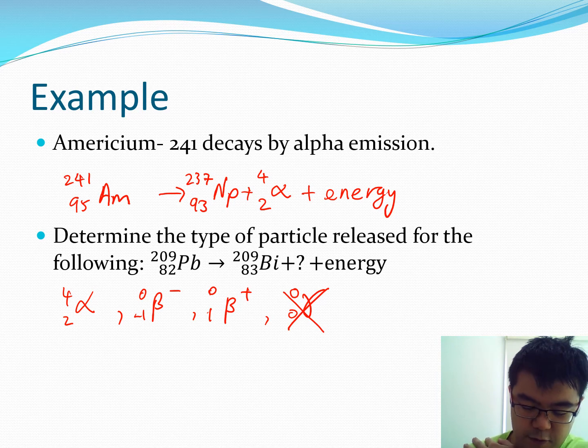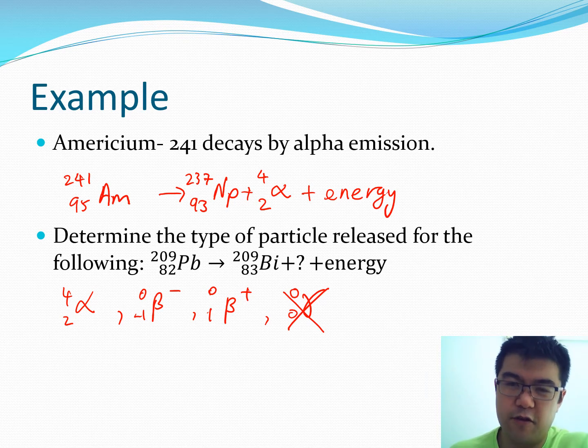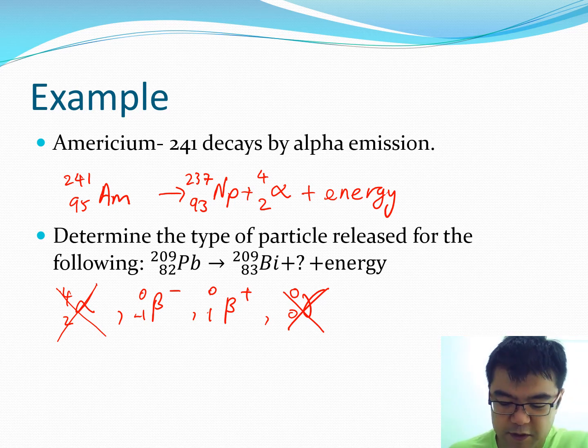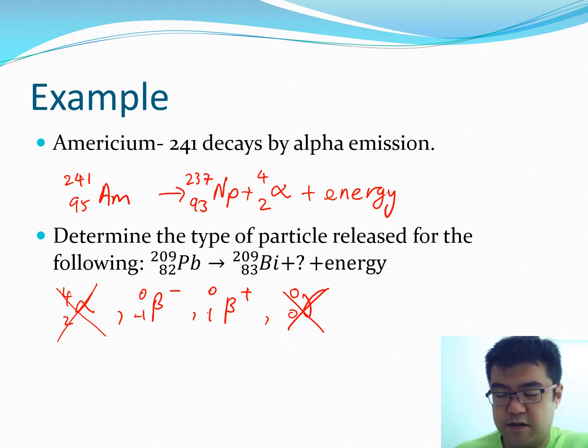And then if you have a look at alpha, 82 to 83, that has a difference of 1, not 2, so it also can't be alpha. And because it can't be alpha, it can't be gamma, it's going to be one of the betas. Now, the way you check which one it is, you balance the equations out. So 209 in terms of mass, going to 209 doesn't change.